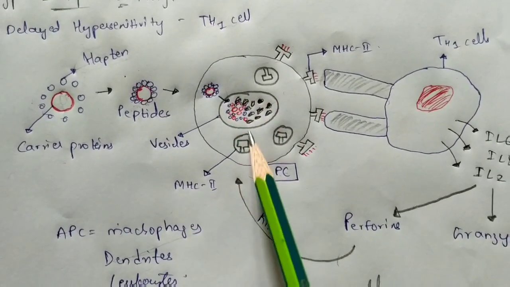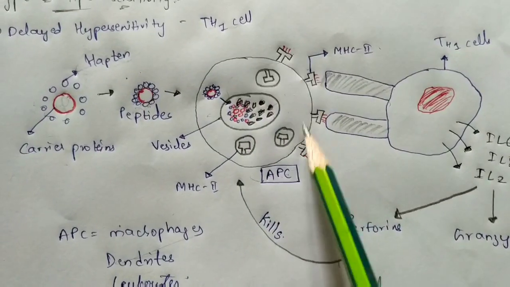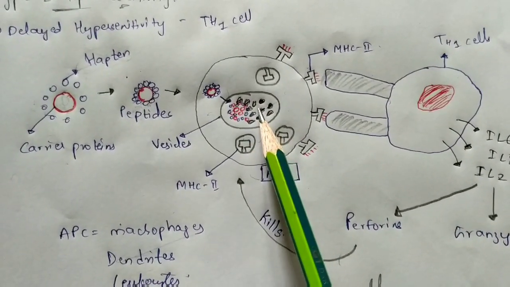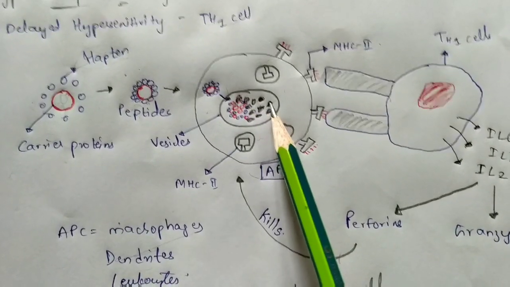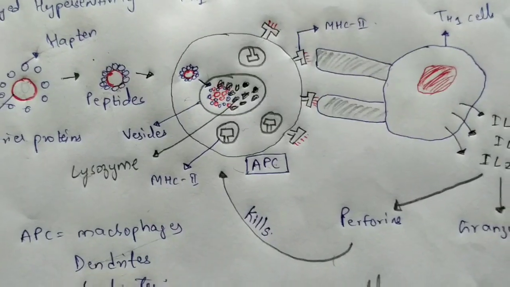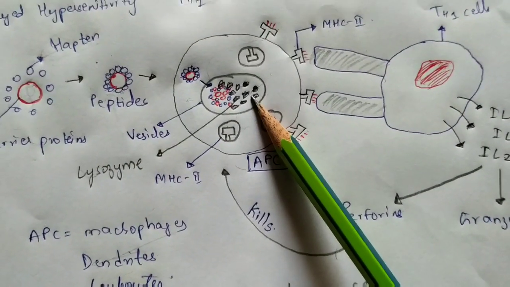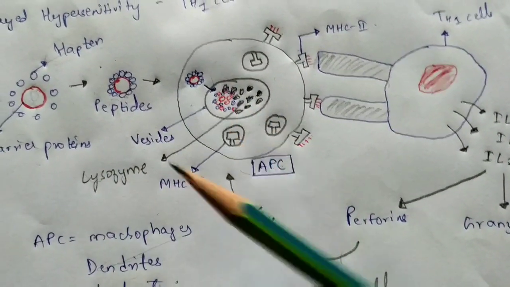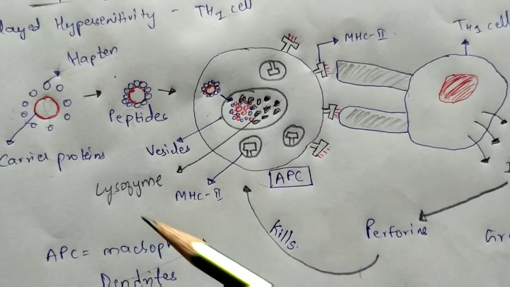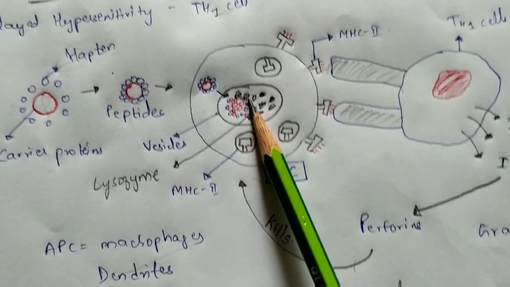this macrophage consists of vesicles like this. It consists of vesicles, and within those vesicles, what is present? Lysozyme, an enzyme, is present over here. These black dots which I have drawn here are lysozyme. So the peptides which have entered into this macrophage will get combined with this lysozyme enzyme.